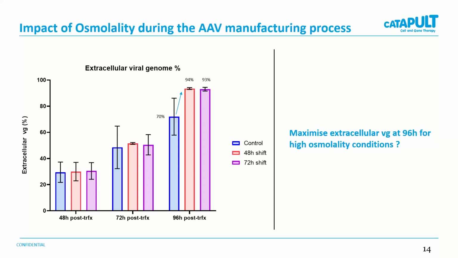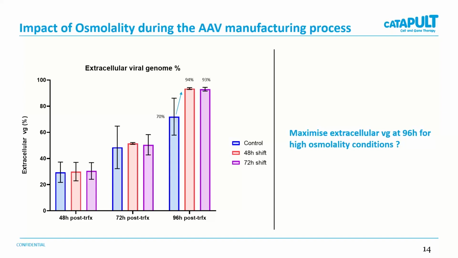You can see at 96 hours, it seems that we can maximize extracellular viral genome when we have a look at the supernatant versus the overall productivity of our condition. We are at 94, 93% for both conditions that had a shift in osmolality, compared to 70% for the control condition. The variability in the control is because of the deviation I talked about.